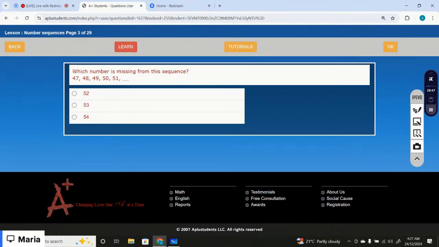That is increasing by 1, right? Yes, so the next one is 52.